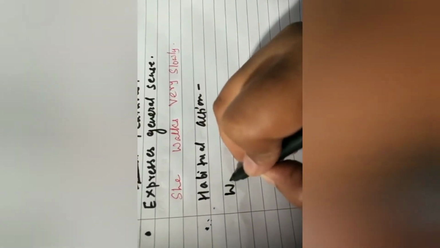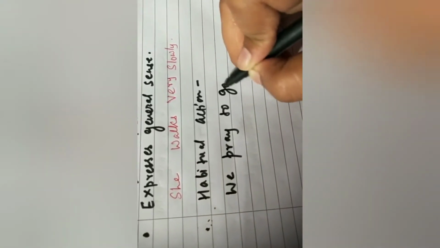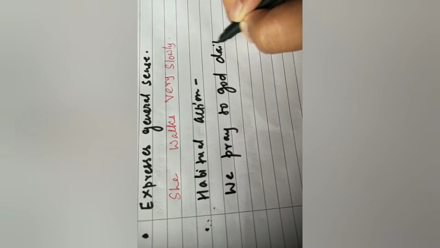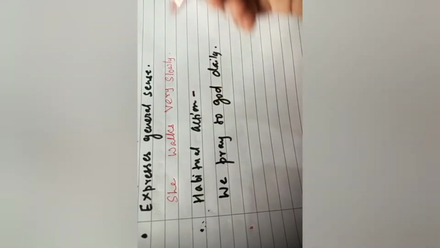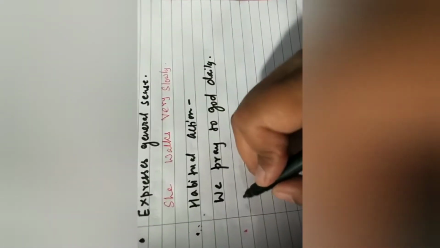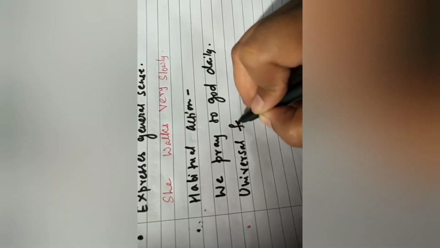Like, we pray to God daily. Third is for universal facts, like, very normal, the sun rises in the east.